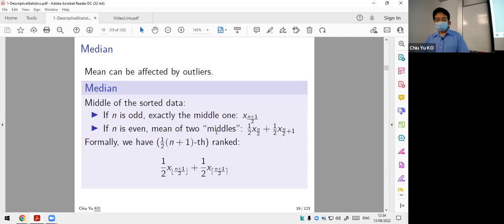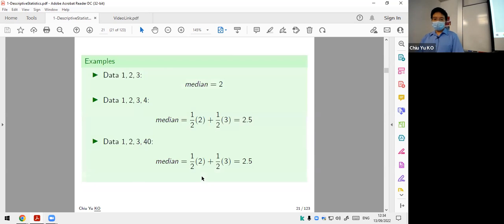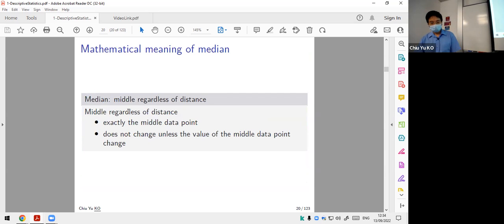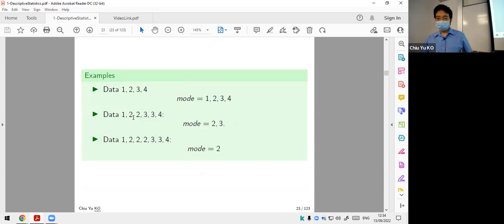So that would be the formula. It is rather technical, but it will be useful if you really want to write a program. That would be the thing you need. And the median is exactly the center in terms of distance, so that is the meaning of that.